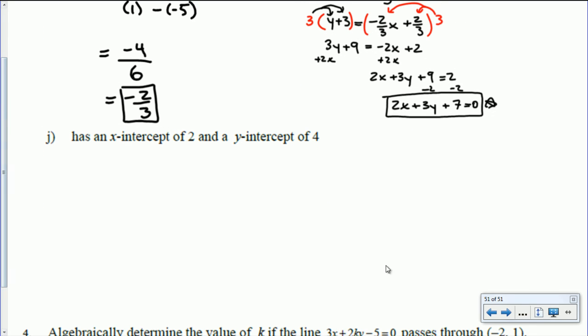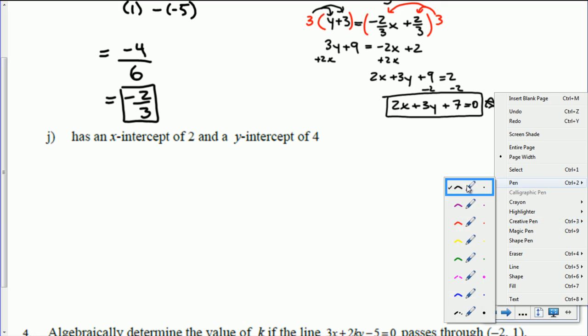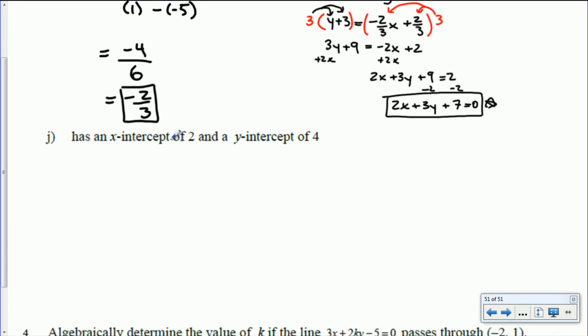3j: x-intercept of 2, y-intercept of 4. So x-intercept of 2, that's that coordinate, y-intercept of 4 is 0, 4. I need the slope, so y2 minus y1 over x2 minus x1.